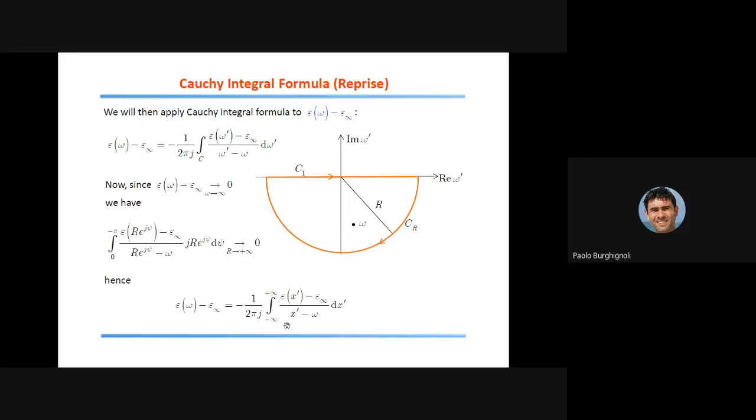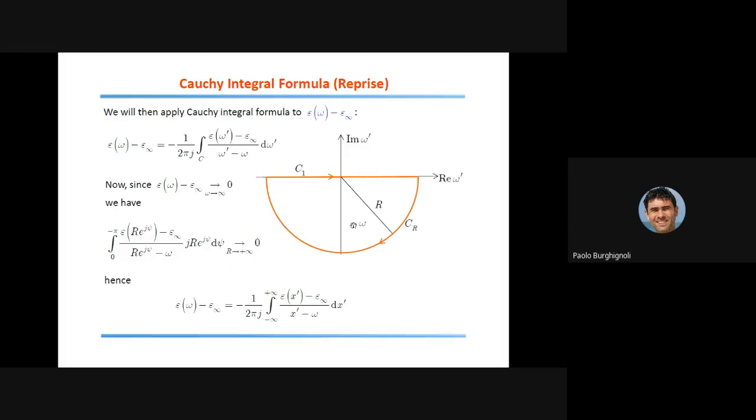So this tells us that to know the permittivity anywhere in the lower half plane, it's sufficient to know the permittivity for real frequencies, because then you can evaluate the integral at the right-hand side and you're done. But even more importantly, what you can do with this expression is let omega, which is a point here in the lower half plane, tend to some point on the real axis itself.